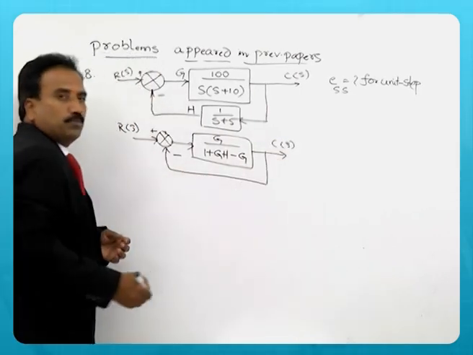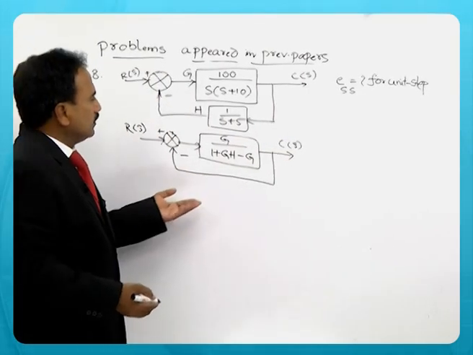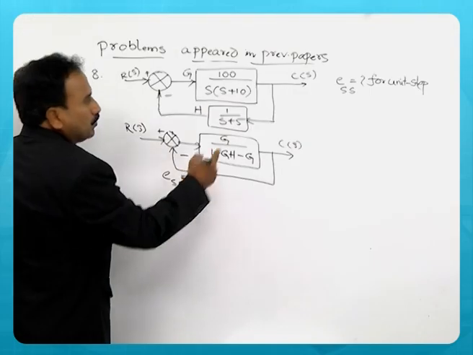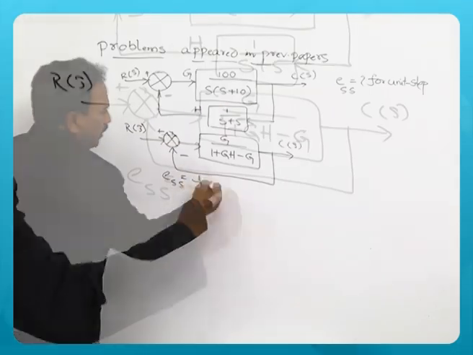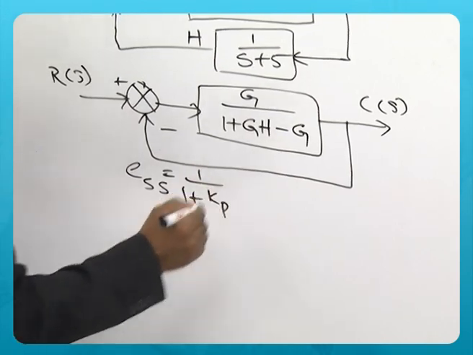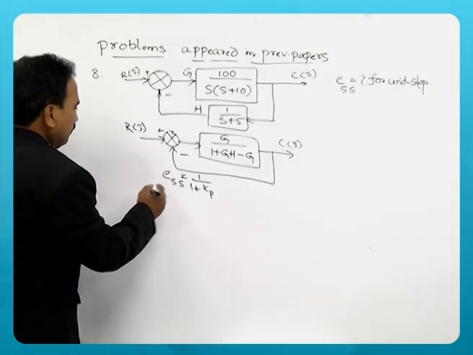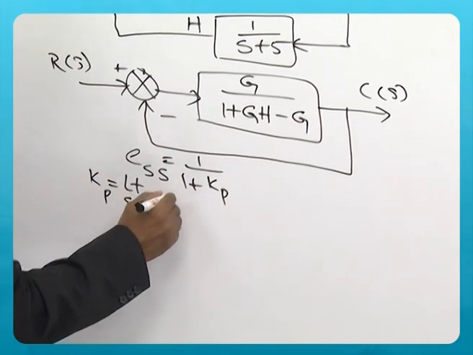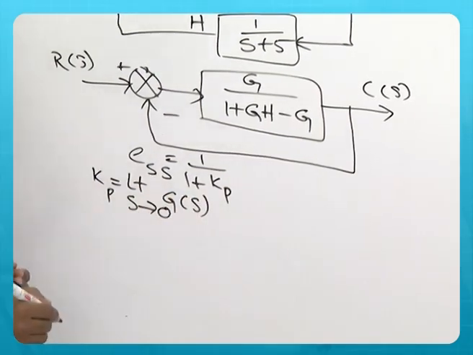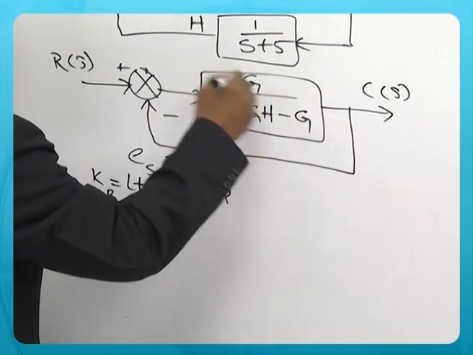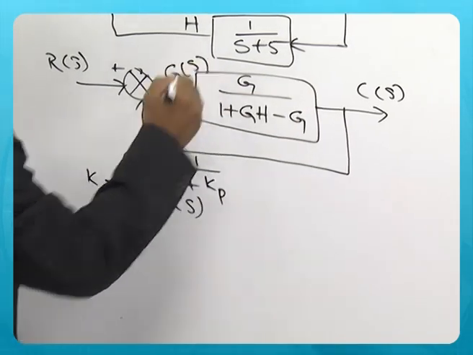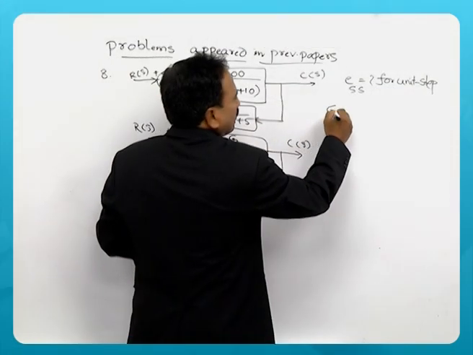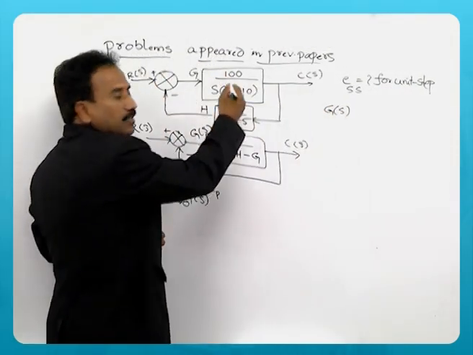Now you need to proceed to calculate the steady state error ESS for unit step input given by 1 by 1 plus Kp, where Kp is limit s tending to 0 G of s. So you call this function now G of s, and that is to be calculated for this given system.